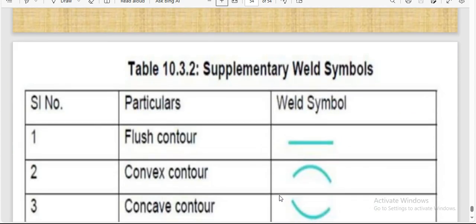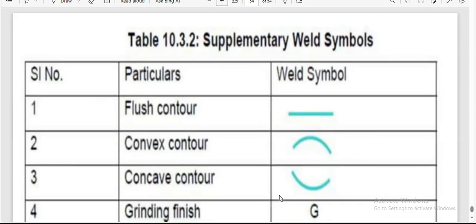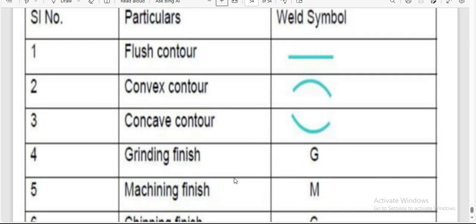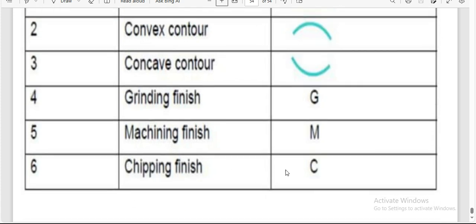So this one is also based on symbols. A particular weld symbol: flush contour, concave contour, convex contour. They are opposite. Grinding finish, G means grinding; M shows machining; chipping finish means C. Those symbols are written in the specifications of the welding process, which means after you do the welding process, you should write the standard forms of the welding.